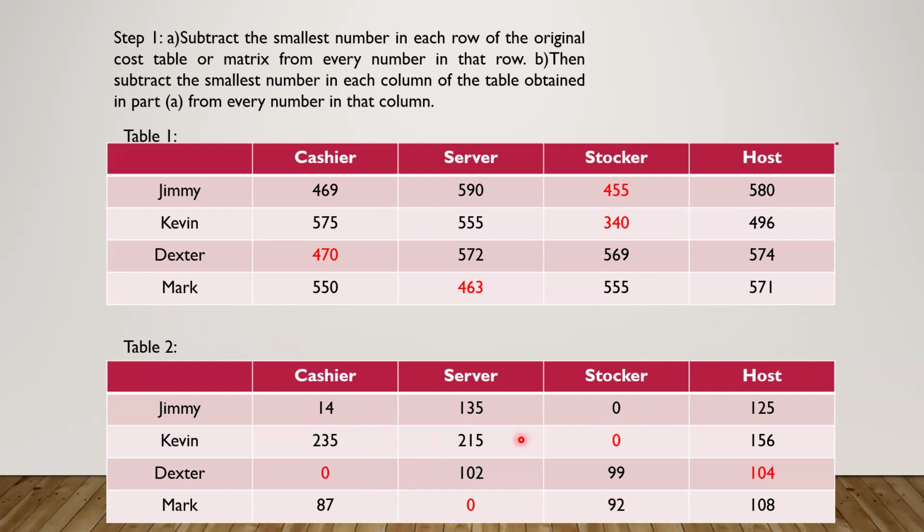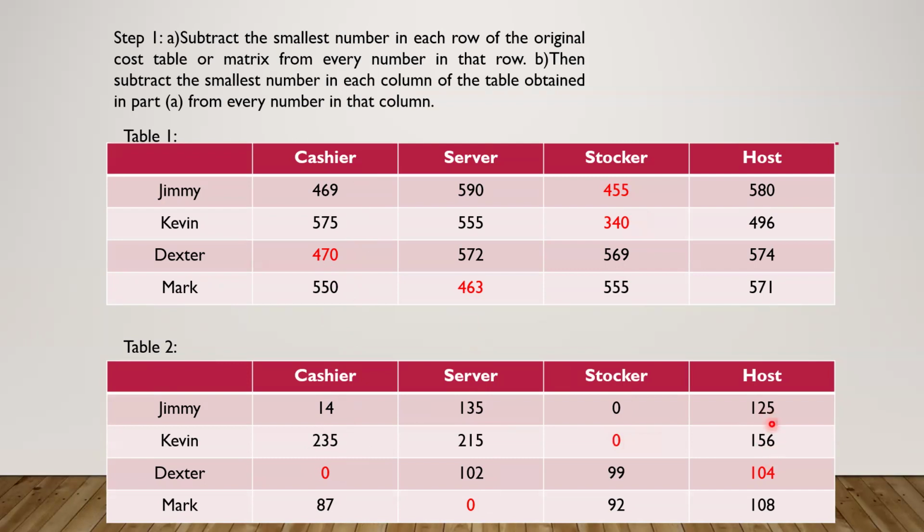And we also did part B, where we get the smallest number in each column. So 470 will become the 0. In this column, the smallest number is 463, which becomes 0. The 340 and the 455 will become 0, but we will get the 340.